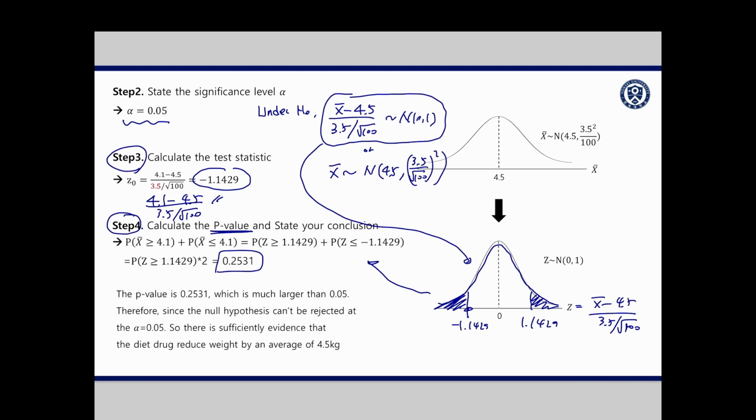Therefore, with a p-value of 0.253, which is much larger than the significance level 0.05, the null hypothesis cannot be rejected, so there is insufficient evidence that the diet drug reduced weight by an average of 4.5 kilograms.